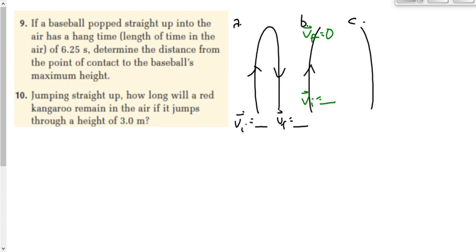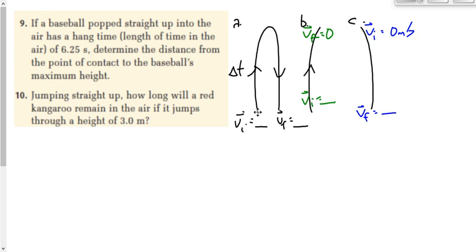If you're analyzing just the trip down, then VF is some value we don't know, or maybe you do know it, but it would have to be given to you, or you'd have to solve for it. What would VI be if you're analyzing the trip down? 0 meters per second. We also have a certain amount of time that it takes to go up and down if we're analyzing the whole thing.